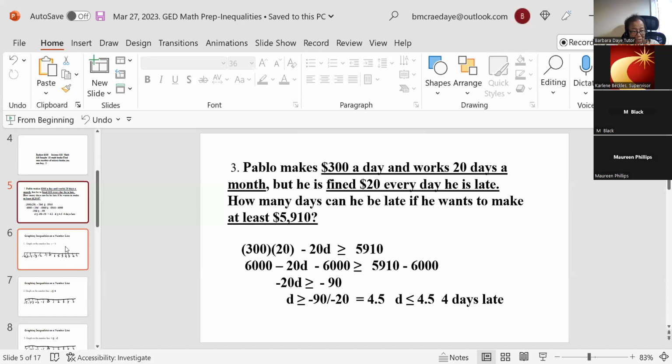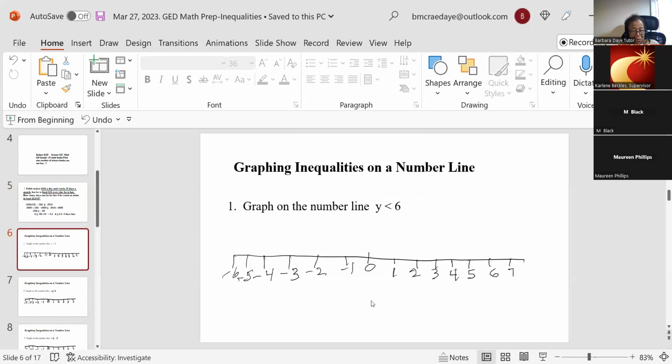Now, you remember how we graph on the number line? How do we graph inequalities on the number line? How do we show y less than 6 on this number line?